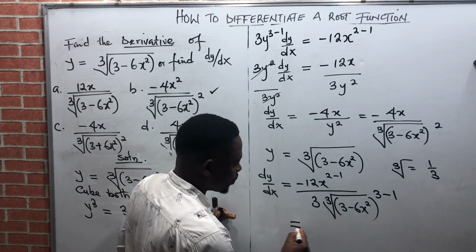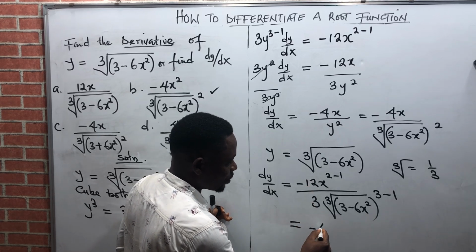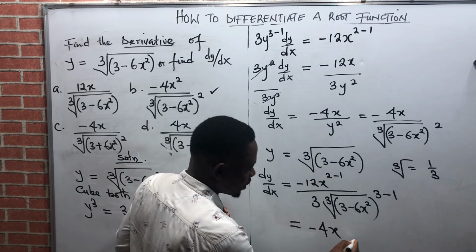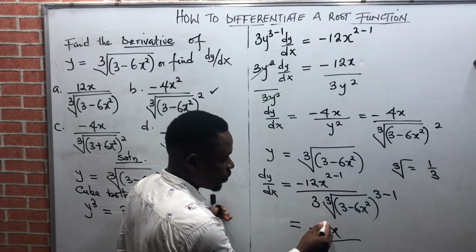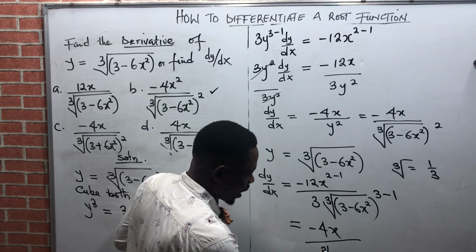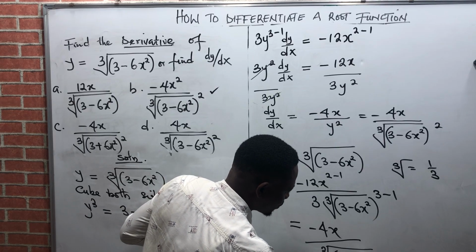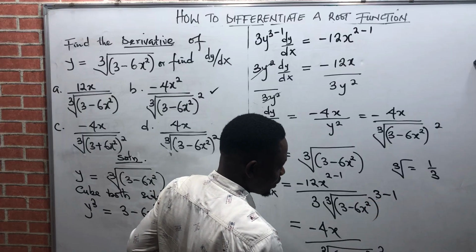Then if you continue, 3 can go into 12 to give you minus 4x. Then 2 minus 1 is 1. Then all over, I have already used these 3 to divide, so what remains is cube root of bracket 3 minus 6x squared, then all squared, because 3 minus 1 is 2.